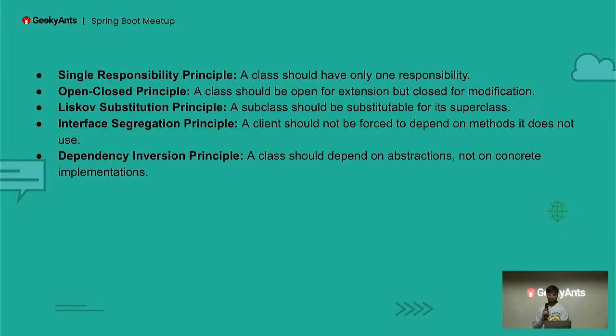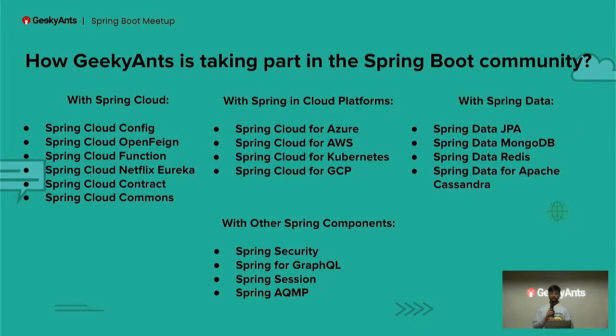So that being said, how are we at GeekyAnts contributing to the Spring Boot community, and what are we doing with it? These are a few things that we are using as of now in our organization. Most of our things are in the cloud, so we are mostly focused on giving solutions on Spring Cloud.